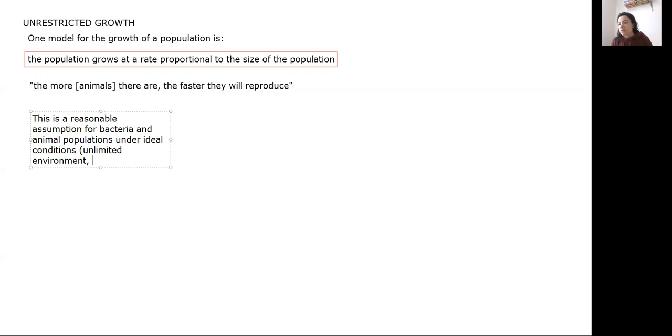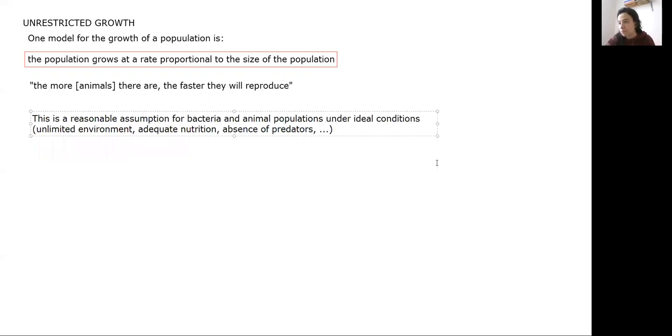So unlimited environment means that they have unlimited space, unlimited food, unlimited resources in general. They also have adequate nutrition. So that means they not only have unlimited food, but they have the right food at their disposal. There's the absence of predators, and so on and so forth. Okay. So these are conditions that you can have.